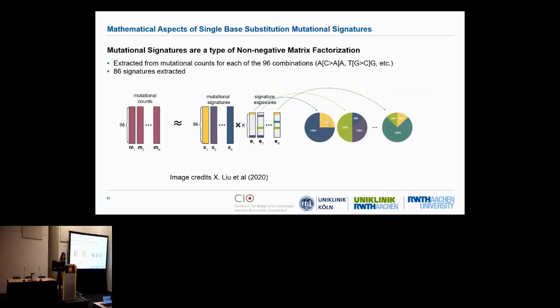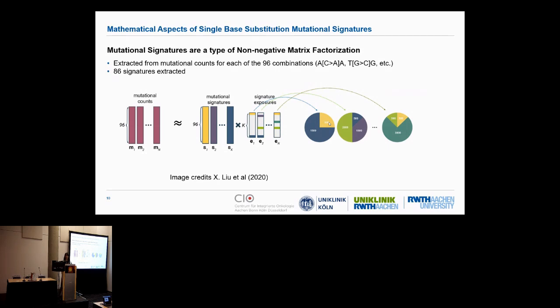Now I want to talk to you a bit more about what the mathematical underpinnings of the mutational signature space are, because they're also represented in the ontology. Mutational signatures are a type of non-negative matrix factorization. I mentioned before that we're looking at triplets and at the particular mutation context of given triplets.